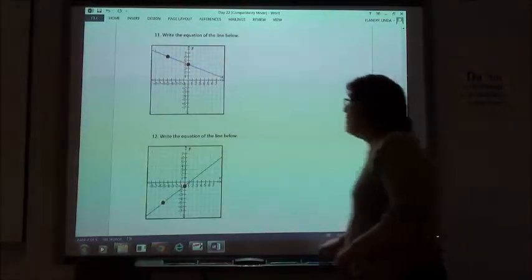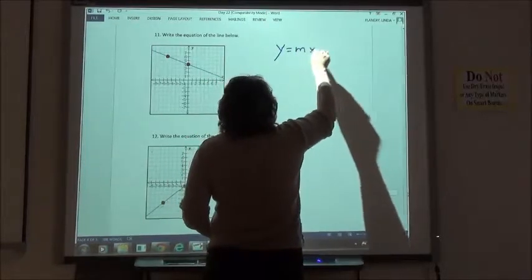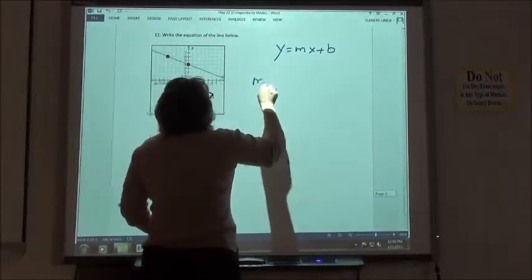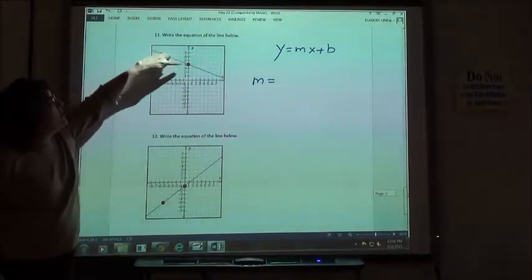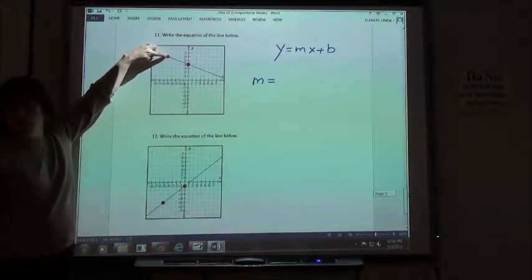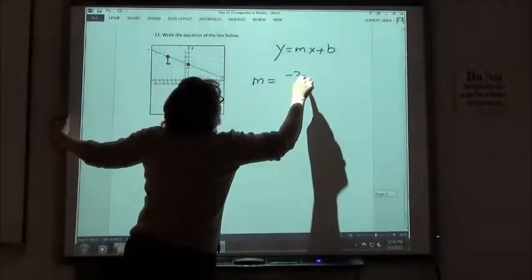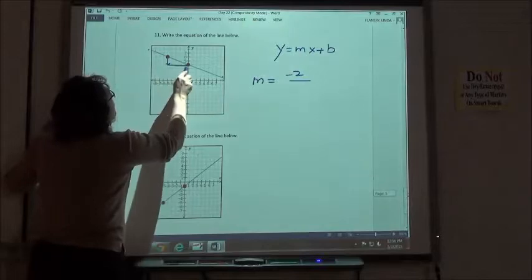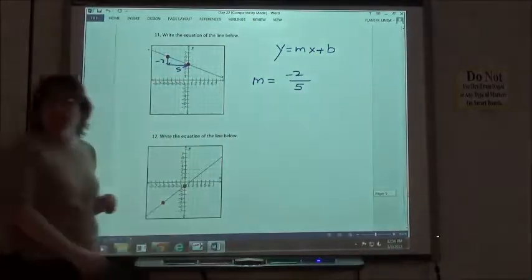So on number 11, if I'm going to write the equation of my line, y equals mx plus b, I'm going to start with my slope. So my slope is the change in y over the change in x. So if I start here, I'm going to go down 2, so negative 2 over 5. So negative 2/5 is going to be my slope.